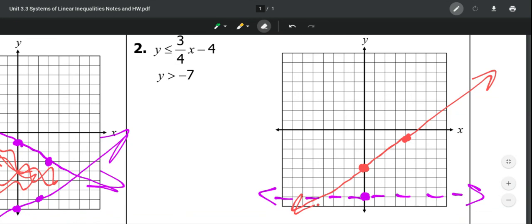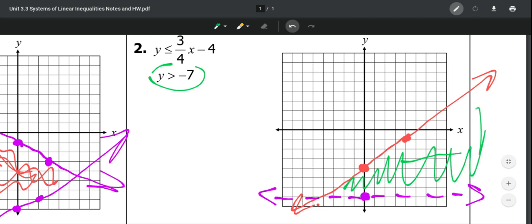That was this line right here. It says it's less than, so I know I'm going to shade everything less than that. So that's going to be right here. And then my second equation was my horizontal line, and it was everything above that. So you can see right here that the only place they have in common is this area right here. So that's what your final answer would actually look like.